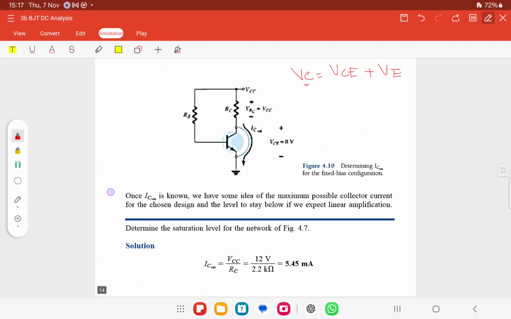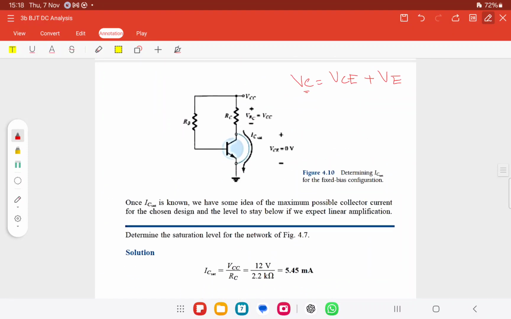Okay, so this one simple je. This one is the simple one untuk add saturation. Kalau add saturation, just ambil this value sahaja. Tetap kena buat the KVL: minus VCC plus IC RC plus VCE equals to 0.